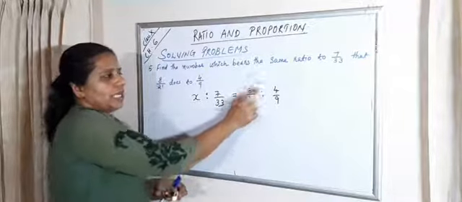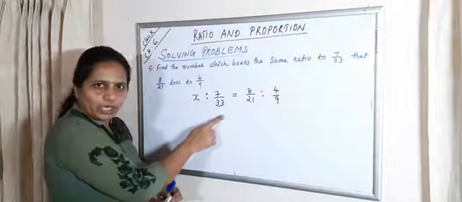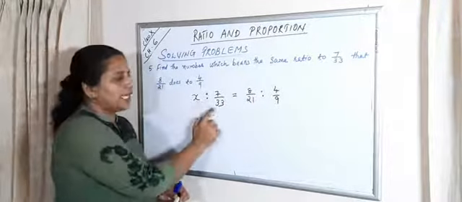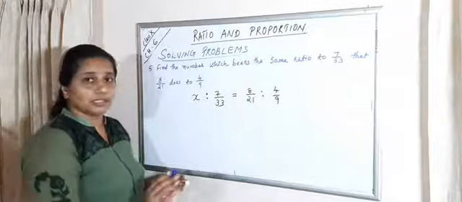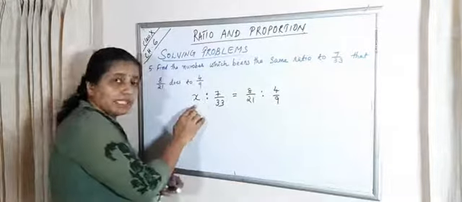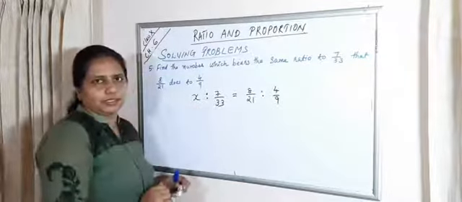This is our given question. 8 by 21 is to 4 by 9 equal to 7 by 33 is to something. Clear? Not 7 by 33 is to something, but something is to 7 by 33. Okay?